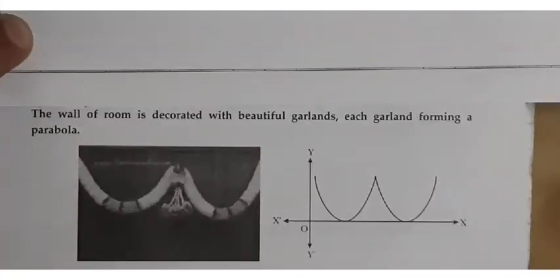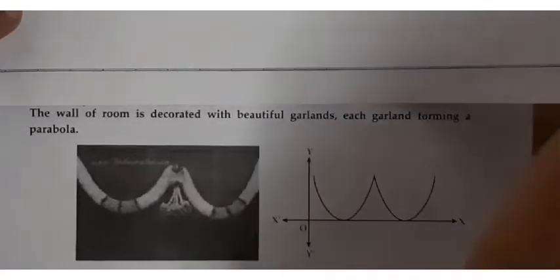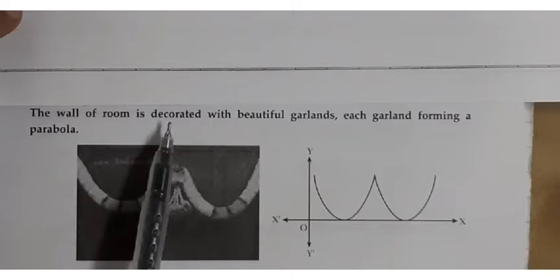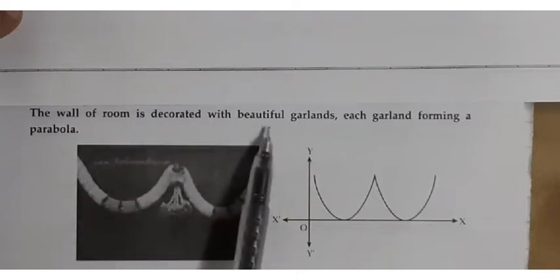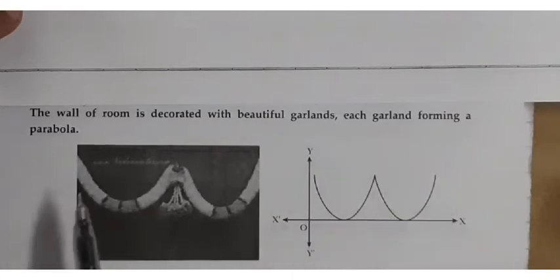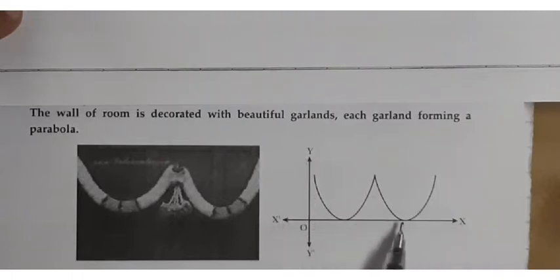Okay, one more question on your polynomial. See here, a case study question, a very important one. The wall of a room is decorated with beautiful garlands, each garland forming a parabola, like this. This is the shape of the parabola. The x-axis and y-axis are both given to you, and it touches the x-axis also.